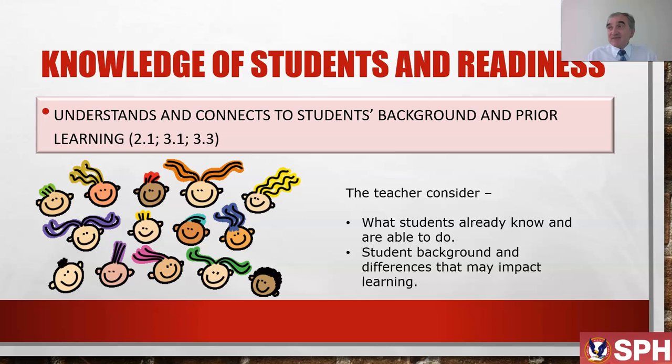They may activate that by reviewing, by asking students some questions early on, or they may demonstrate that with other information they've collected from their students. Also, they have taken into account student background and differences that may impact the student's learning. So you're looking for those types of elements. Do they use the knowledge of their students to plan what they're going to do in their instruction?